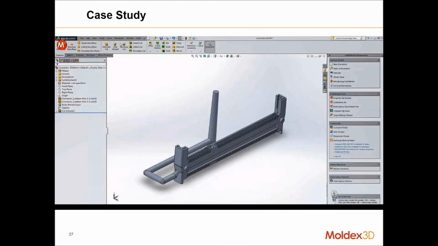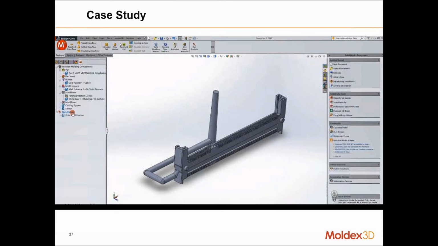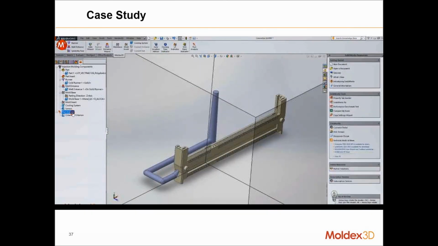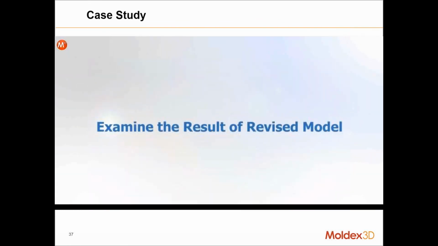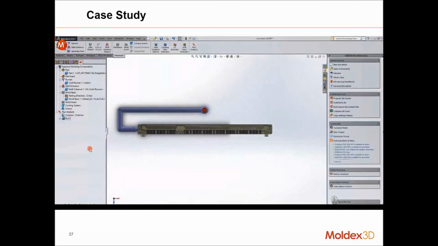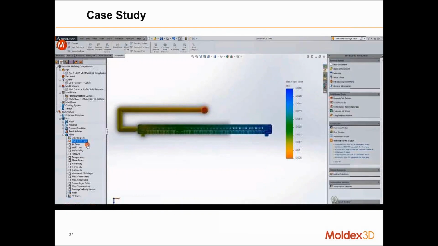Some people might want to add in flow leaders if necessary. Now we are going to run the simulation again to see whether the revised design will give us better results or not. So we will run the simulation.